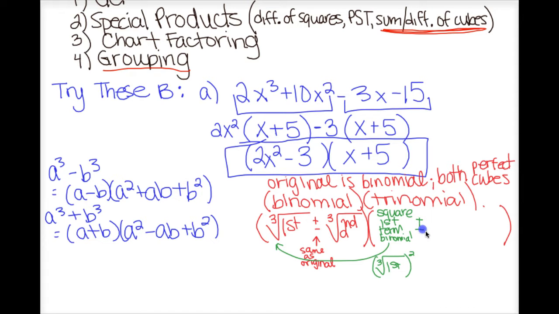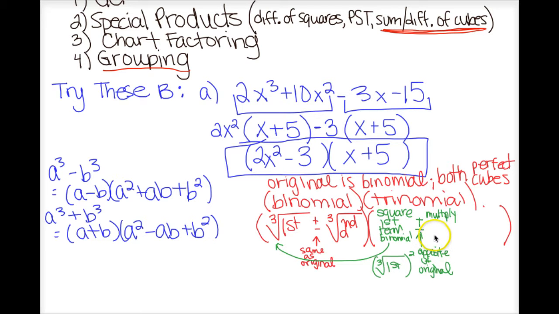Then you need a sign. This one is going to be opposite of the original, so whatever you put here it'll be the opposite sign. So notice this was a minus, this is a plus, this was a plus, this is a minus. So that'll be the opposite of the original. Your middle term, you're going to multiply, middle multiply, that does stay true.